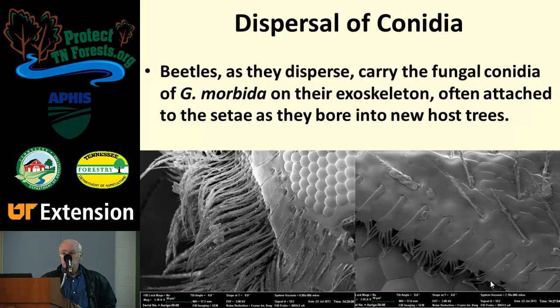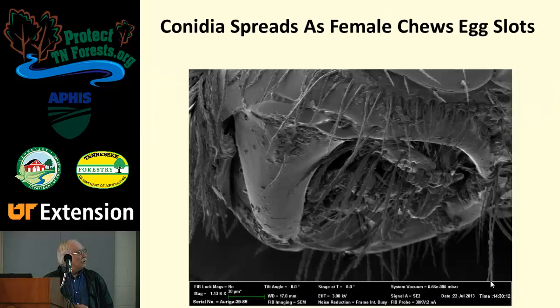We have them adhering to the exoskeleton as well as to the barbed seta. And as she digs her way through the tunnel and makes her little slots for her eggs, she can also deposit the conidia in those areas.